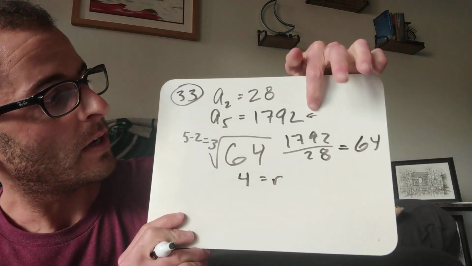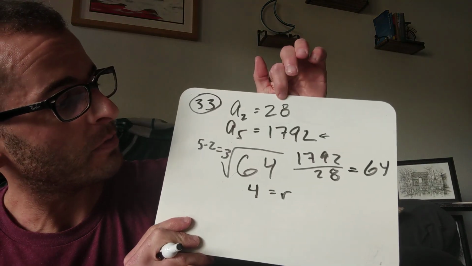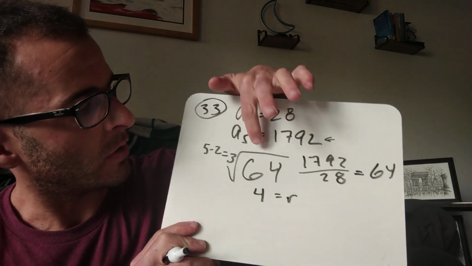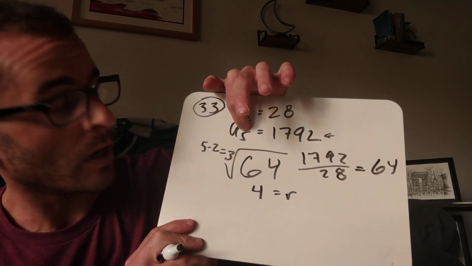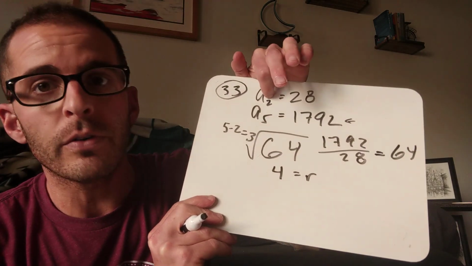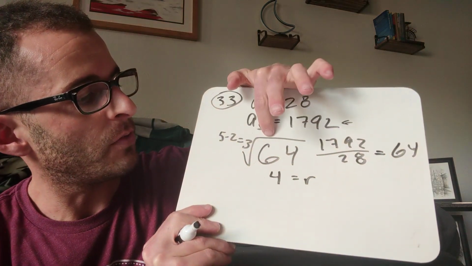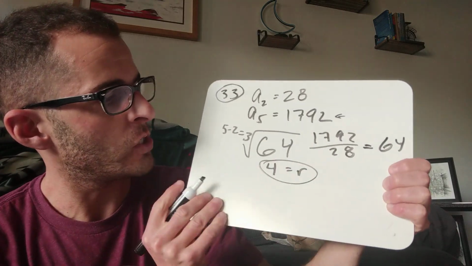So the rightmost term divided by the leftmost term, simplify it, put it under a radical, but for the index, take the rightmost term number, so the highest term number, 5, take away the lowest term number, 5 minus 2, that's 3. That means we're doing the cube root of 64. Cube root of 64 is 4. This is my common ratio.